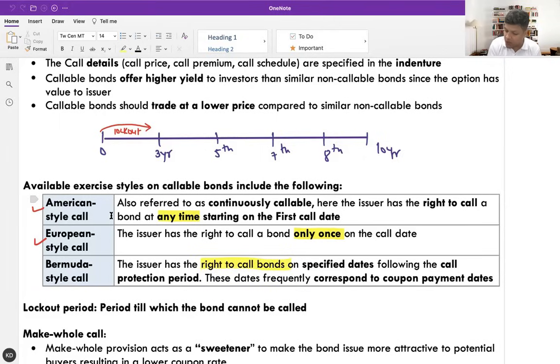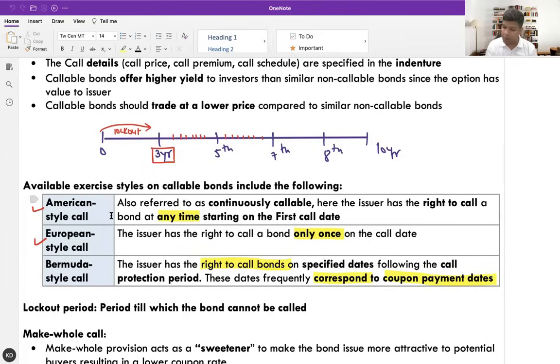These dates frequently correspond to the coupon payment dates. They have given just an example. In an American style option, the bond can be called back at any time, right? In a European, the bond can be called back only once, let's say. Clear?